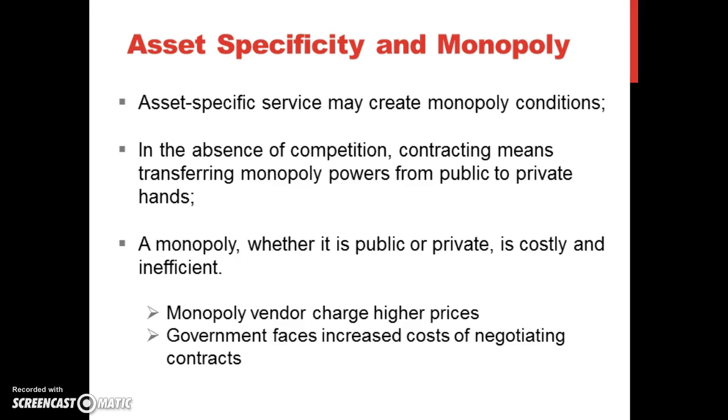A monopoly, whether it is public or private, is costly and inefficient. Without any rivals, monopoly suppliers might charge higher prices on customers or clients. Furthermore, government will face increased cost of negotiating contracts with the monopoly supplier. For instance, after several biddings, most profit organizations other than the current contractor will give up getting the contract of the power plant.